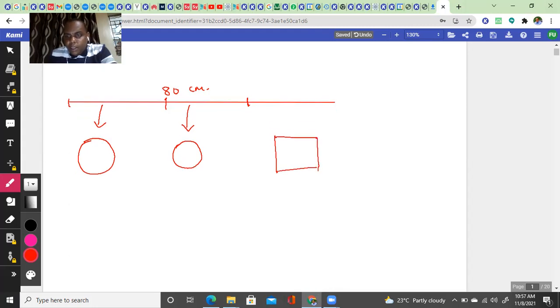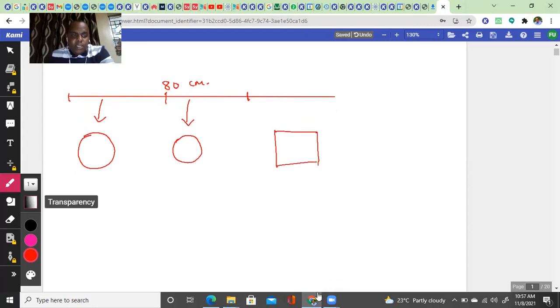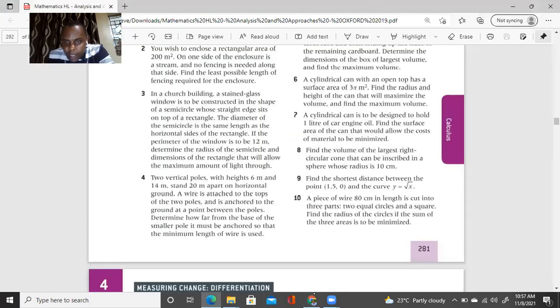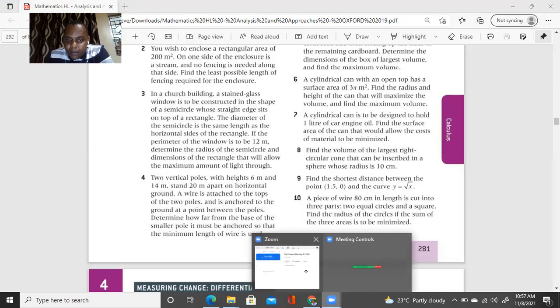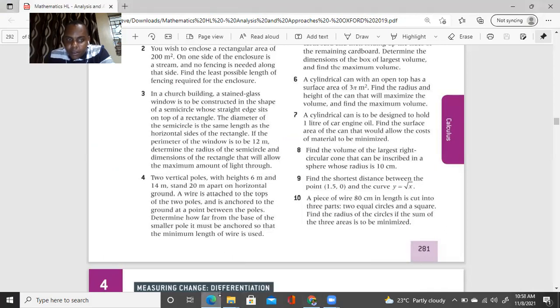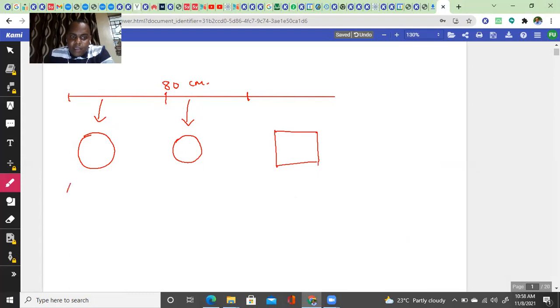So let us look at the function that we want to minimize. The area of the circle is given by, the circles are equal. Let me check again. 2 equal circles and a square. So if that's the case, then the area for this one is going to be pi r squared, right?